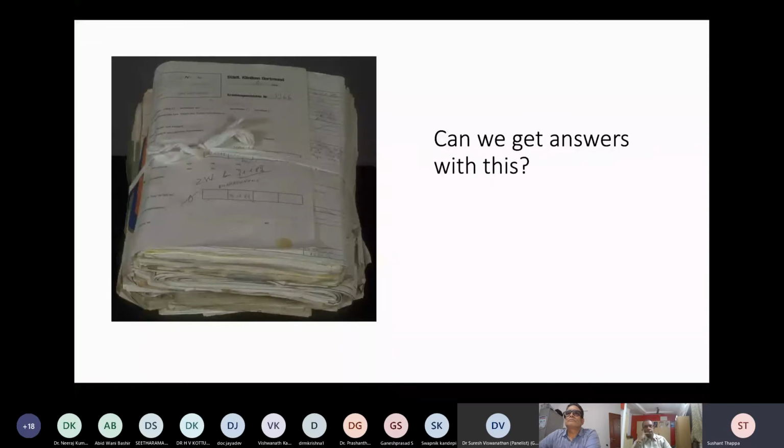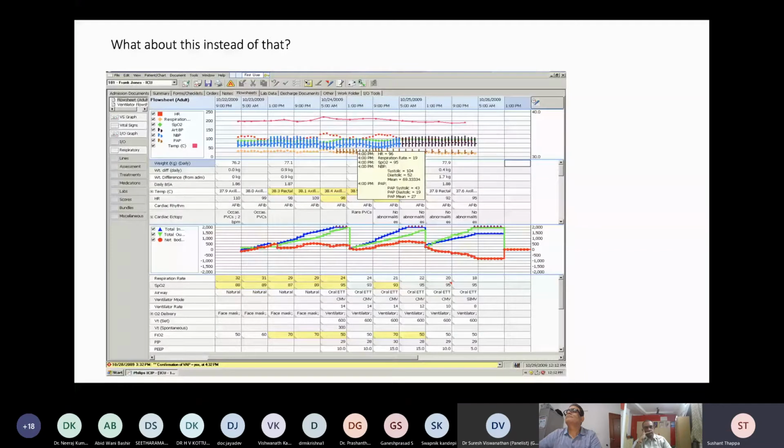So the idea is to keep all this information, make it available, digitize it, so that it can look something like this. Your vitals are available to you across time durations. Your waveforms are available to you. Your input to output values are available. Your monitoring parameters are available. Your ventilatory parameters are available on one screen.